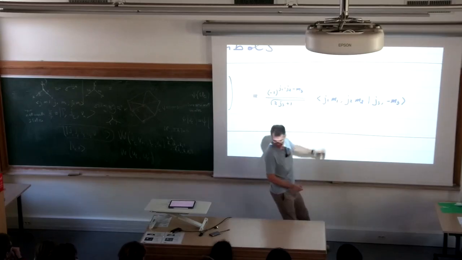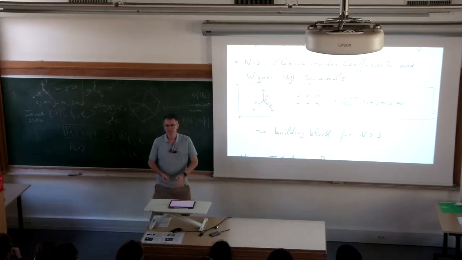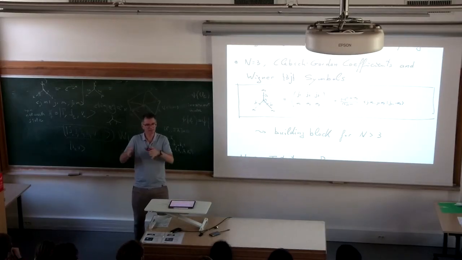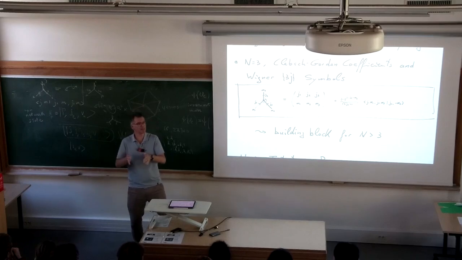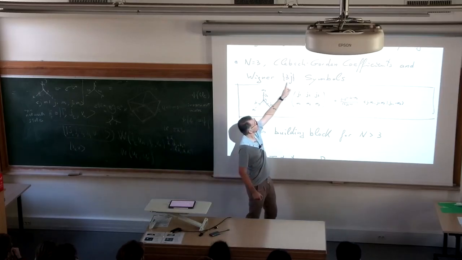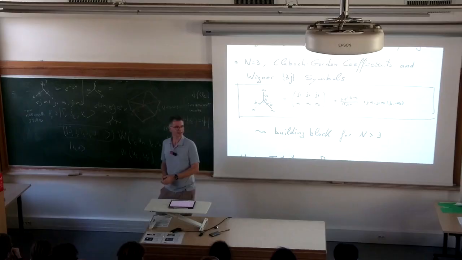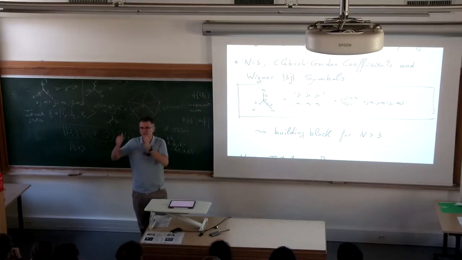And so you have something you can think of as you have 3 objects of given spin. What's the probability amplitude of finding something of 0 spin? Okay? And this thing is called the Wigner 3J symbol. You find it tabulated. You find it coded, for instance, in Mathematica.